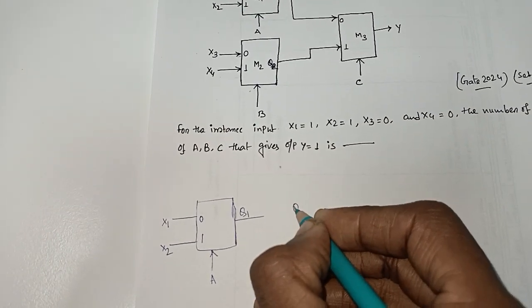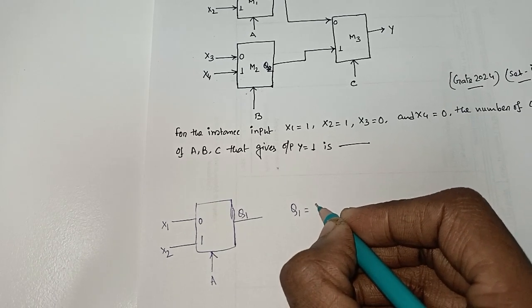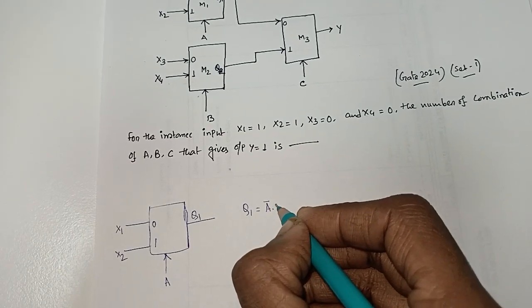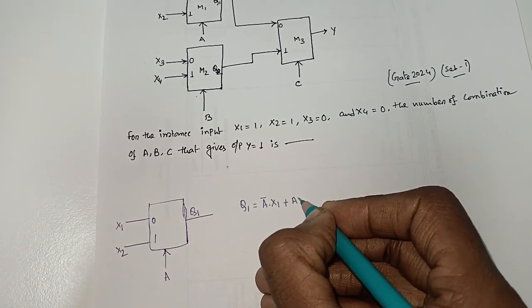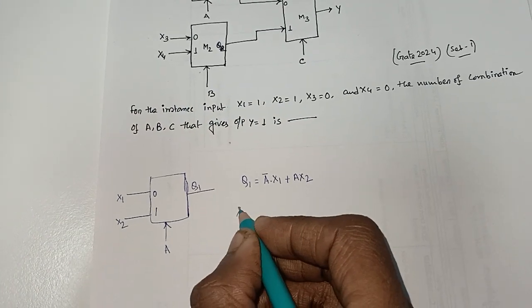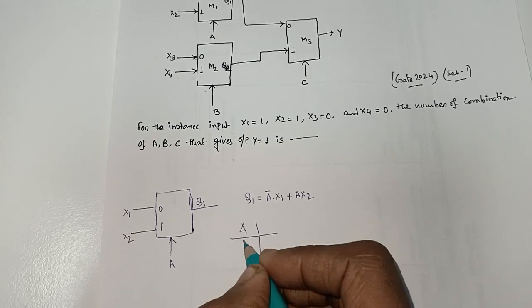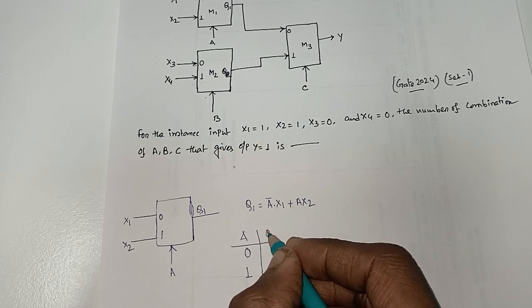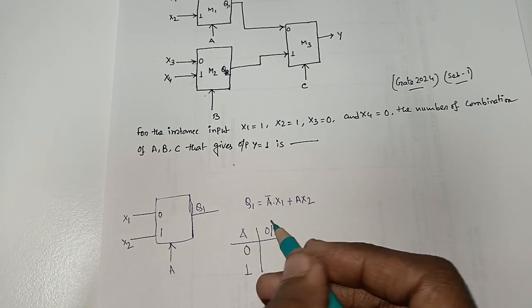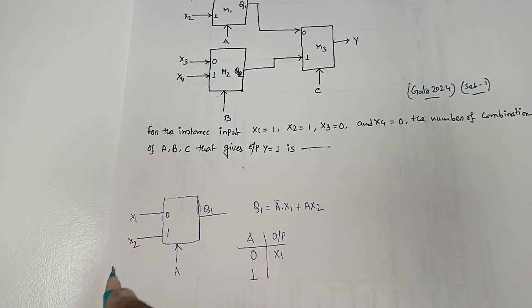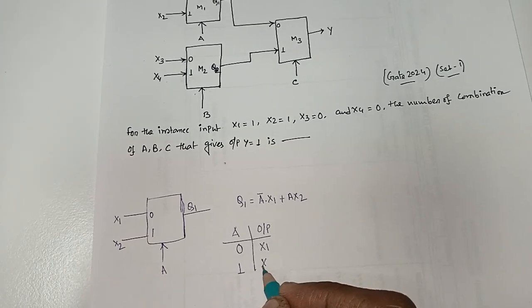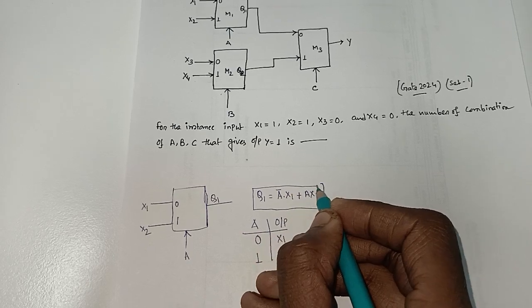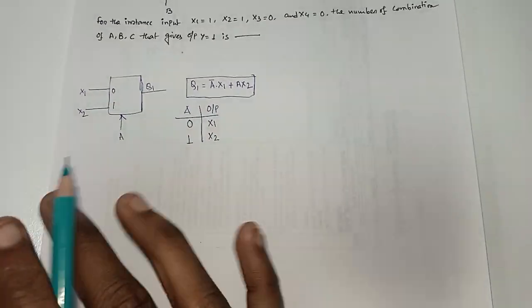We can get the output q1 as a bar x1 plus a x2, because a has the values 0 and 1. When a is 0 we get the input x1, and when it is 1 we get x2. So this is the output equation of q1.